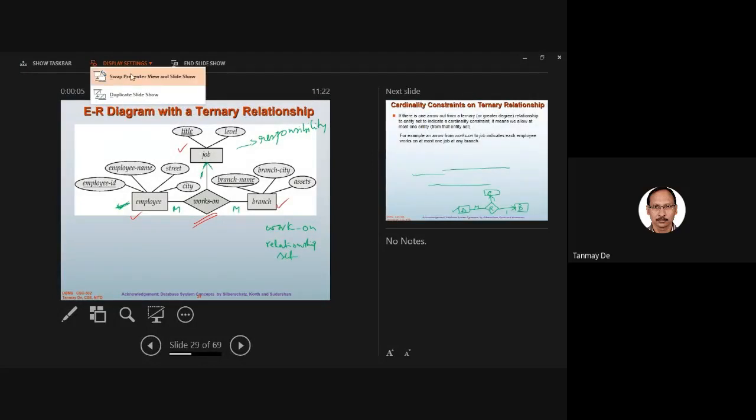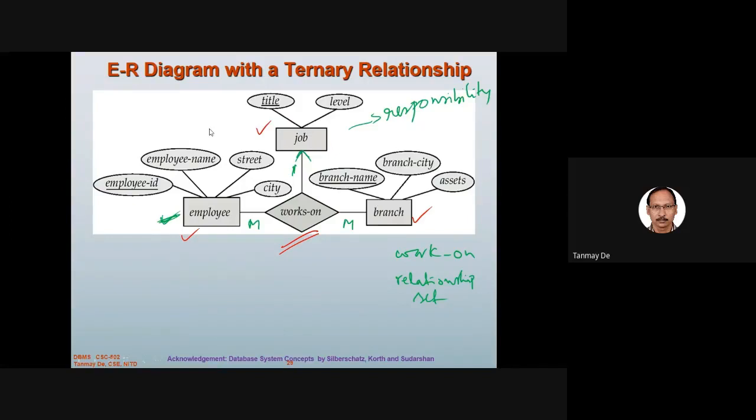Which slides have you seen from your side? Sir, external relationships, ER diagram. Slide number 29. Okay.